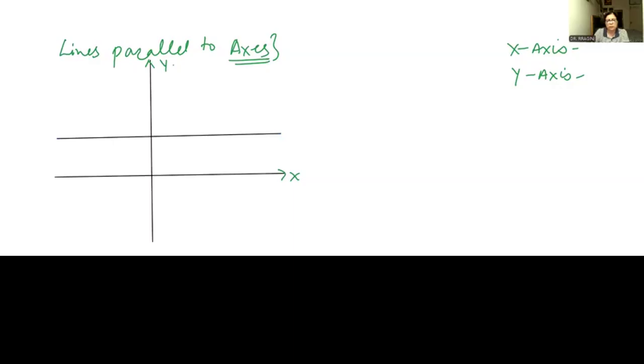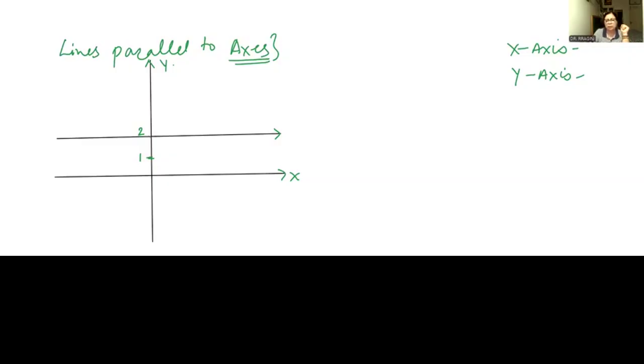Let's say this is 1 and this is 2. Now you have to remember, see, the formats have to be remembered. Like if a line is parallel to x-axis, what kind of equation will it have, right? You can see that the whole line is parallel to x-axis and it is cutting y-axis at a particular point.